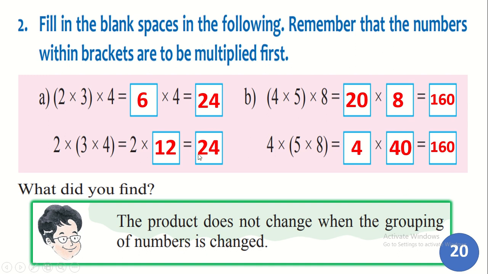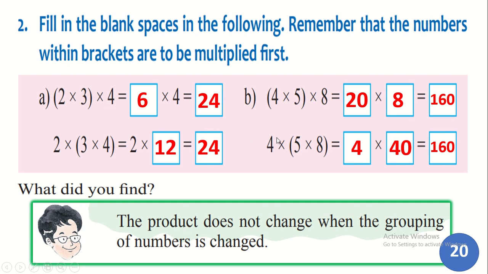The product does not change when the grouping of the numbers, the brackets here, is changed. The group here is 2 times 3, but you change the group to 3 times 4, and the answer is the same.